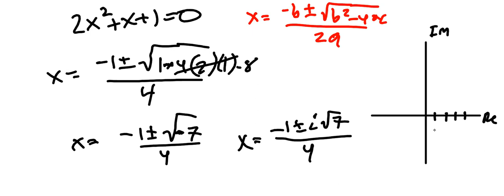This is 1, 2, 3, and 4. But in the imaginary part, imaginary is essentially a vertical number line that extends the real number system. So this is i, 2i, 3i, 4i. Now, when it says 4i, it's not referencing 4 times i, like exactly.